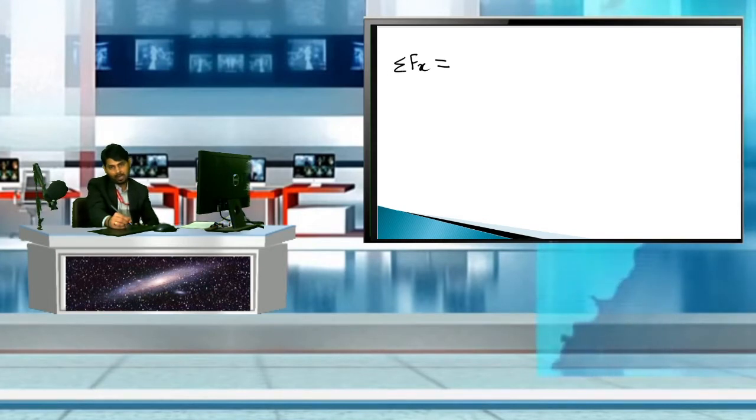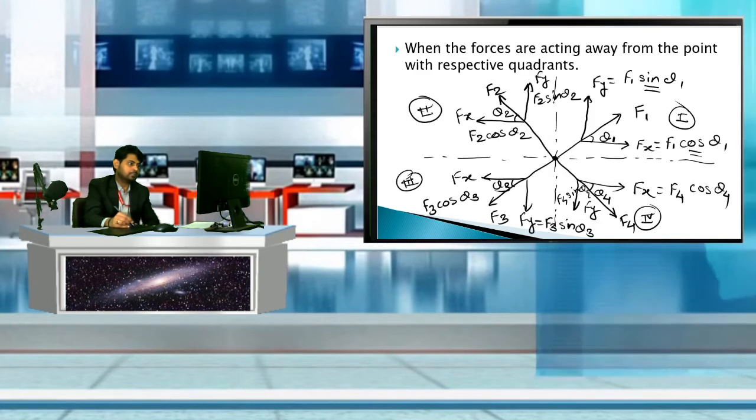So now see here which forces are acting on horizontal lines. You can see here F1 cos theta 1 is on a horizontal line, right? This F1 is resolved into two forces. So this one is horizontal, F2 is horizontal, this one is horizontal, and this one is horizontal. So we have to take all these four forces in the horizontal.